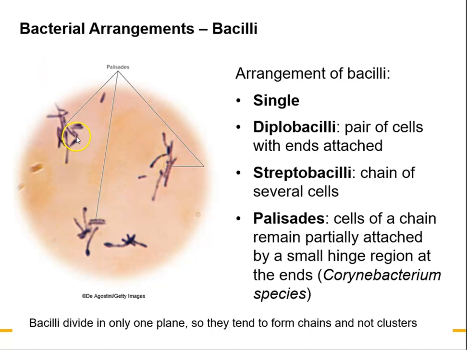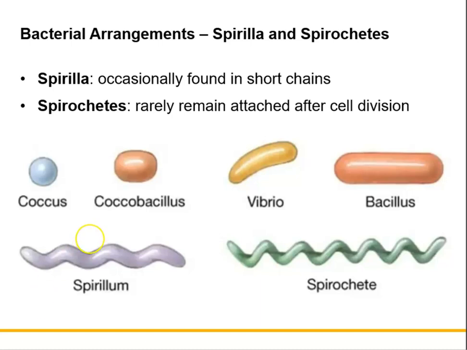You can see the hinge region where it's still attached. Spirilla and spirochetes, for all intents and purposes, just think of these as rarely remaining attached after cell division, okay? At least the ones we're going to talk about, they tend to be found in singles.